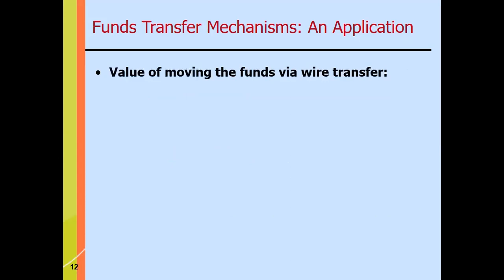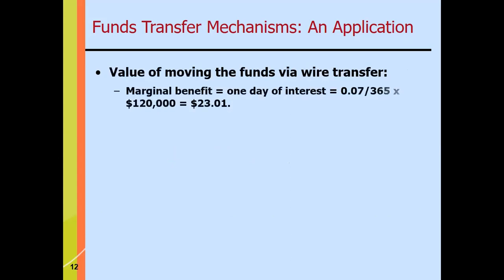So to apply our concepts, the value of moving the funds via wire transfer is a marginal benefit equal to 1 day of interest. So that's 0.07, the opportunity cost, divided by 365, times the $120,000.